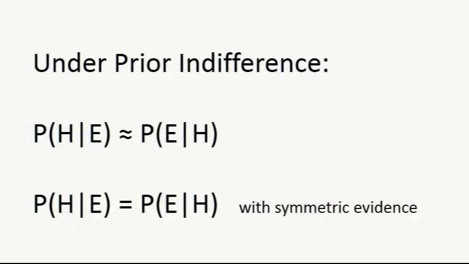So, under prior indifference, we have that the probability of the hypothesis given the evidence is close, and under symmetry exactly equal to, the probability of the evidence given the hypothesis. We call this the inverse fallacy, but forget about it for the moment and let's go back to the Bayes' theorem.